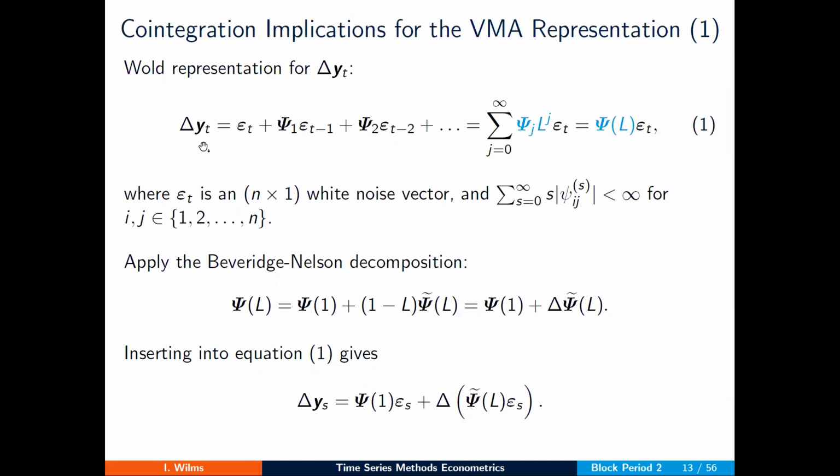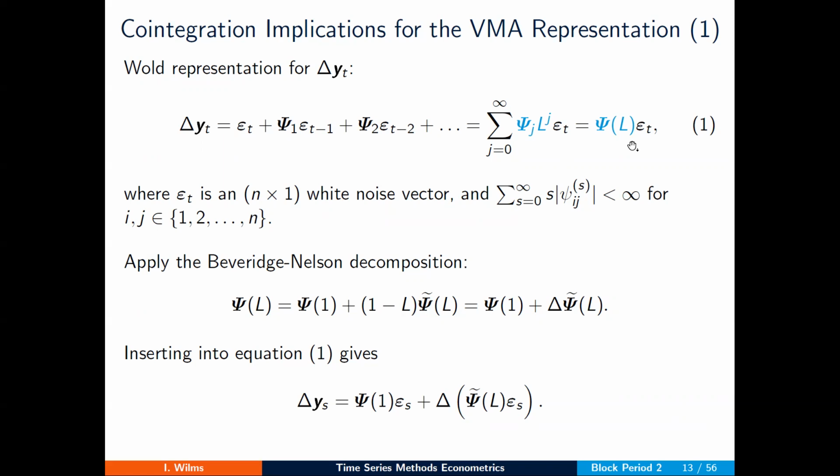So start from Wold's representation of the series in differences. Remember, the series in differences is stationary since we work with I(1) series. Now, since this difference is stationary, I can write it as an infinite sum of past error terms, as given by this infinite order vector moving average representation.